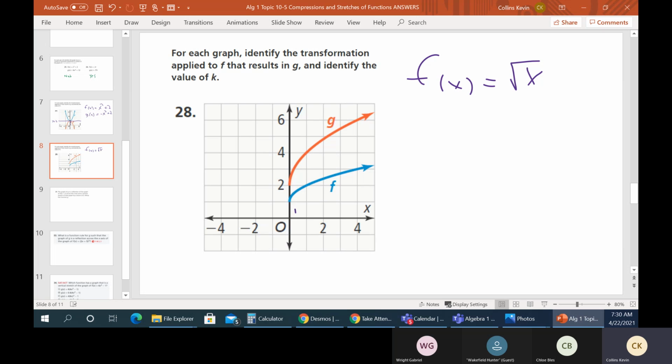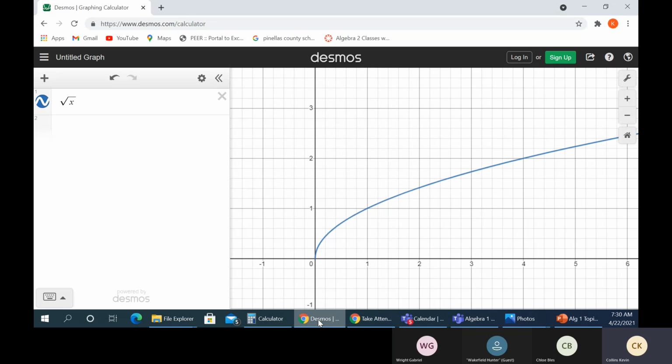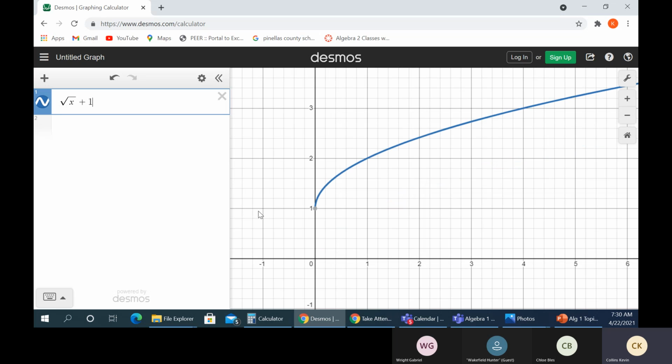And then see here we moved up 1, so that would be plus 1. That would be taking our Desmos graph and just putting a plus 1 on at the end here. So there it is, starting at 1, 0. Same thing as we had on the other one.